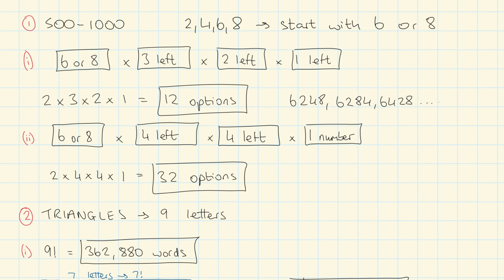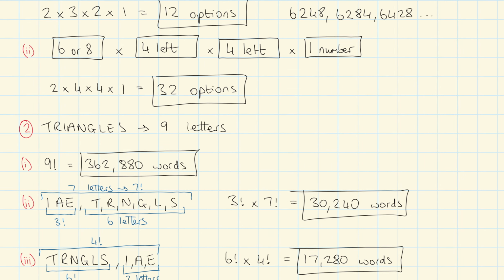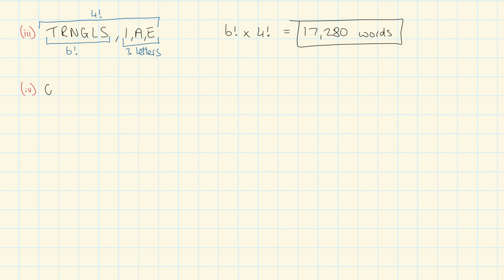Part 4 then tells us G must be followed by R. So that gives us G and R together as a block. And then I'm left with T, I, A, N, L, E, and S. So there's my block, and left over here 7 letters, and we consider the block to be 1 letter together.